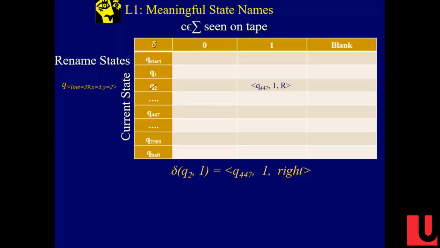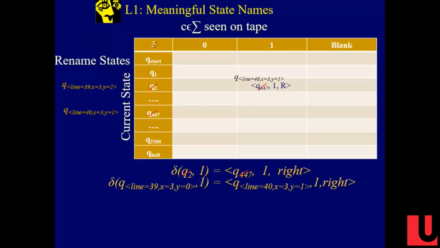It's going to be called that, and state 447 is going to be called that. And then we just write those names in there, and our delta function becomes this. Nothing happened except I renamed the states. Everybody following that?